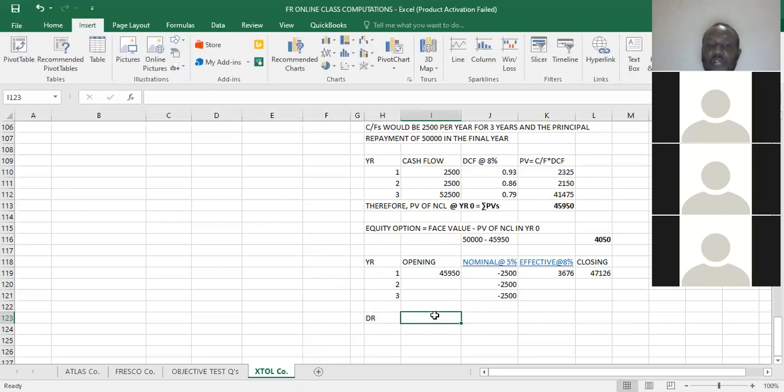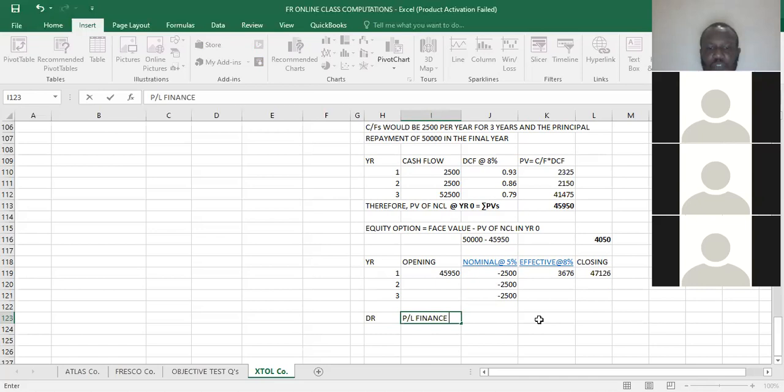So first of all, I'll debit my finance cost, that is interest. So the interest is finance cost. That's profit or loss. So I debit profit or loss, finance cost. I don't think this is the first thing I wanted to write because that's towards the end. There are just 3 things moving from here. Okay, so finance cost.